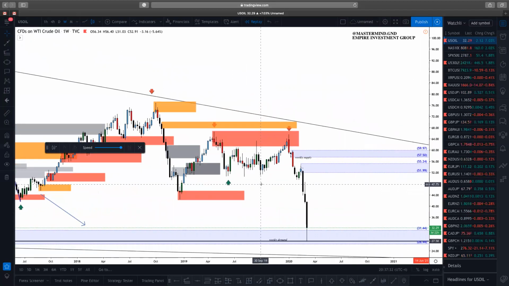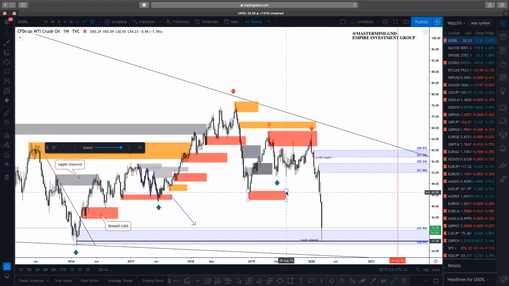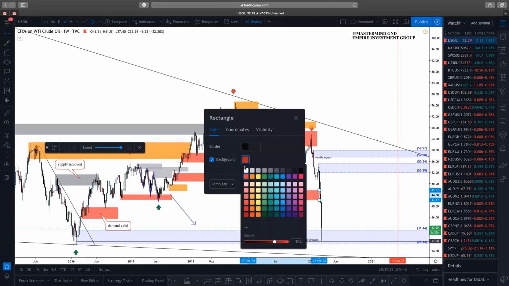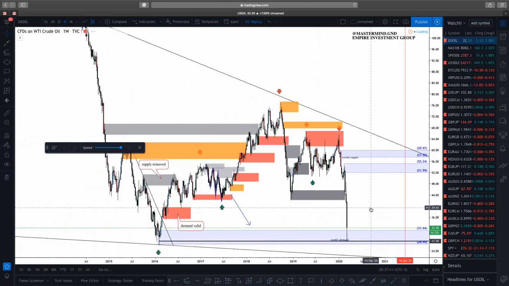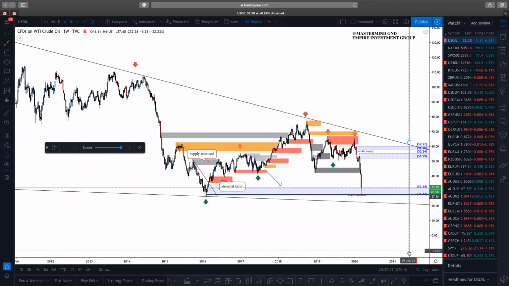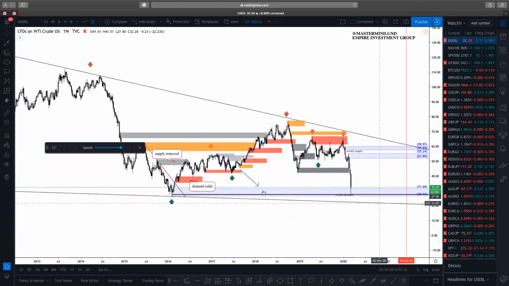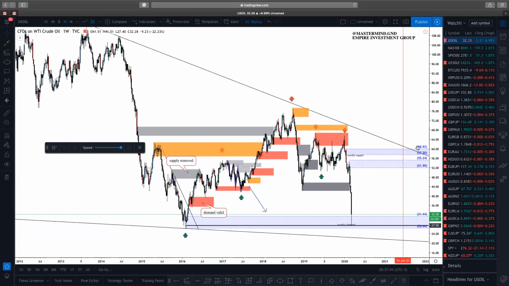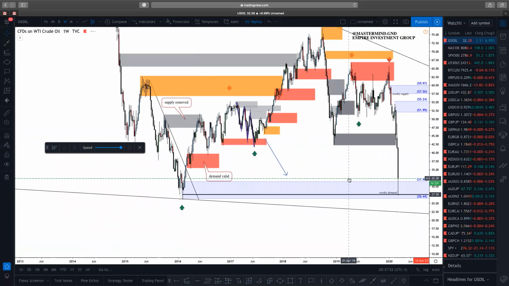Okay, so we're here at present day. The market removed this zone here, and right now we're at a weekly demand zone, right? Basically this zone at the bottom here did a lot of damage.